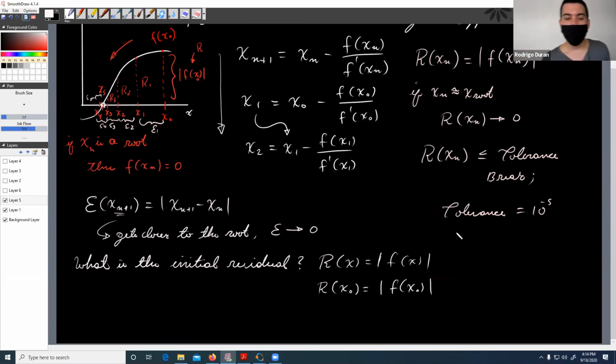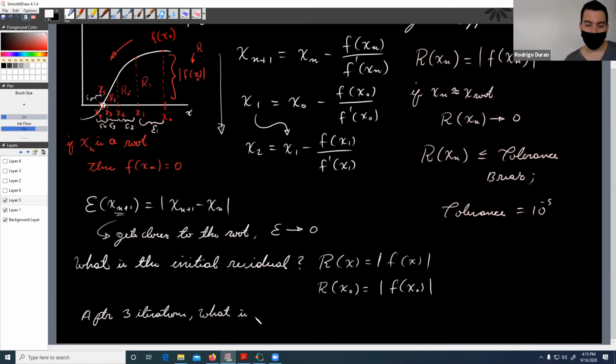If they tell you, after 2 iterations or after 3 iterations, what is the iterative convergence? I'm just shortening it because I'm running out of time. So after 3 iterations, what is the iterative convergence?